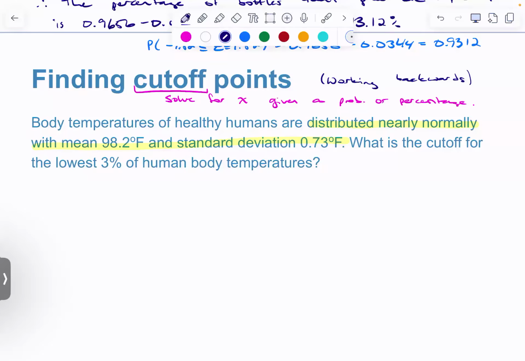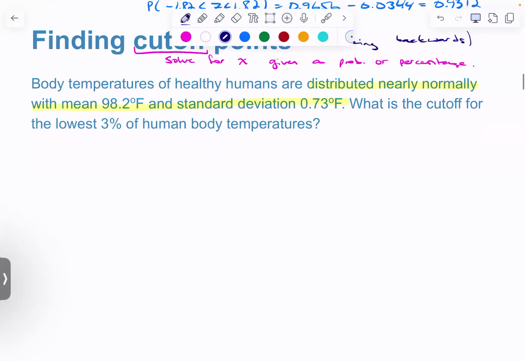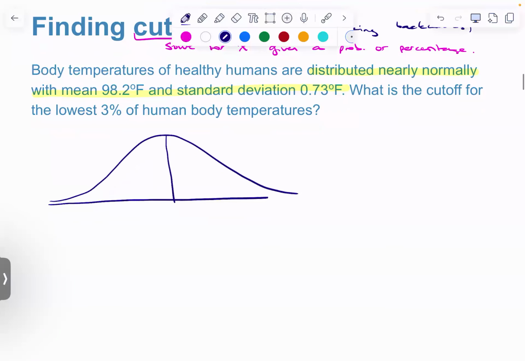You can, but it'll make it a lot easier later on. So without even reading the rest of the question, I'll get to work. We're told the shape is normal. Good. It's the only one we know so far.